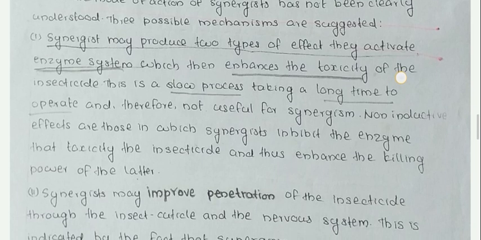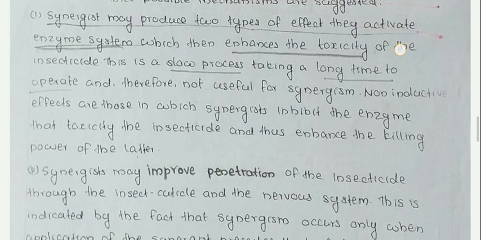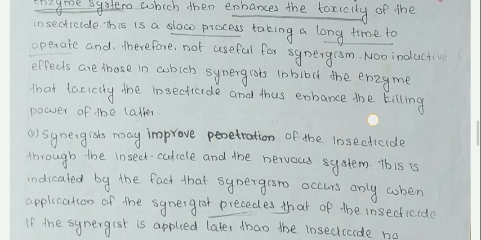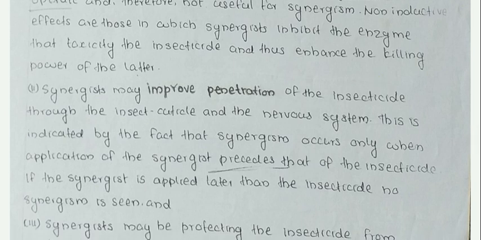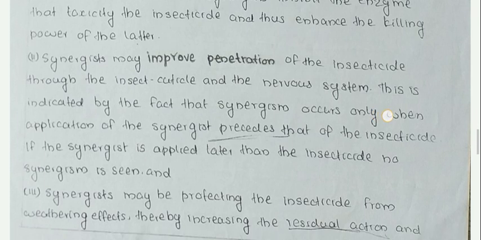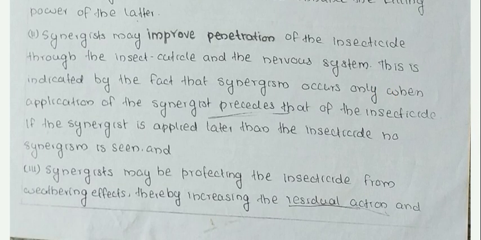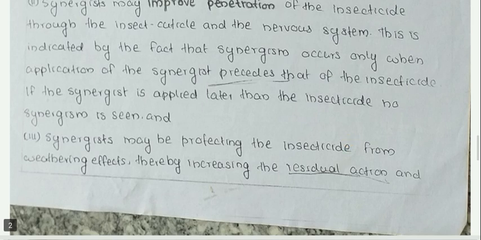Non-inducible effects are those in which synergists inhibit the enzyme that detoxicates the insecticide, and this enhances the killing power of the latter. Synergists may also improve penetration of the insecticide through the insect cuticle and the nerve system. This is indicated by the fact that synergism occurs only when application of the synergist precedes that of the insecticide. If the synergist is applied later than the insecticide, no synergism is seen.